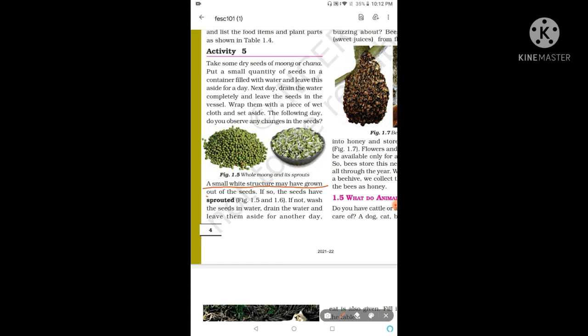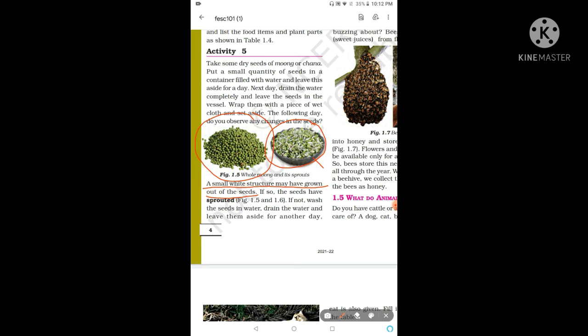may have grown out of the seeds. So you can see that here we have this white structure, right? And after keeping it in water for 1 day or 2 days, you can see there's now a white structure. It has grown out of the seeds.